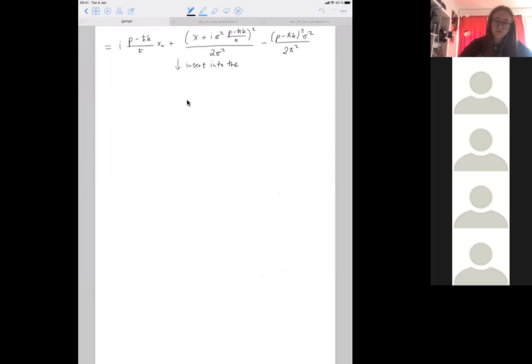Okay, and now if we insert it into the integral, we get that psi bar of p that we're looking for is like our coefficients that we had before. Then the exponential from this part. Zero.